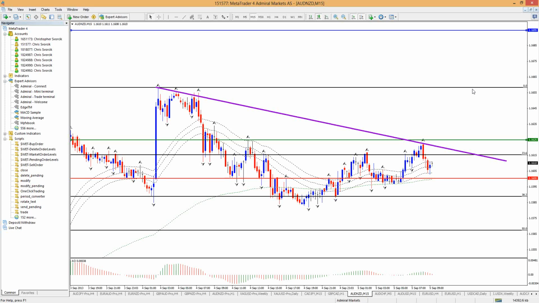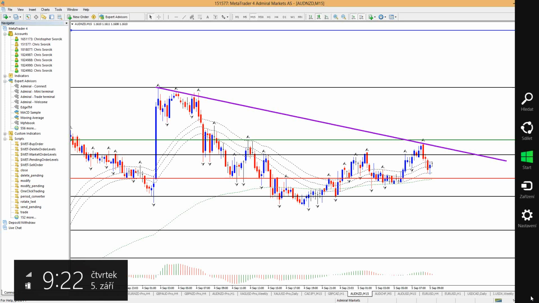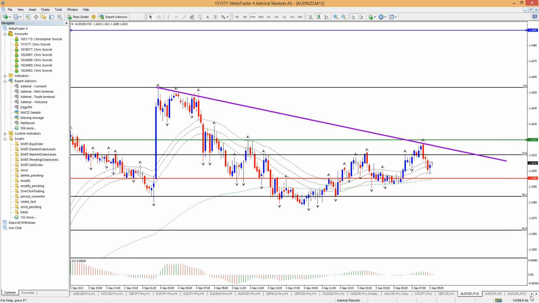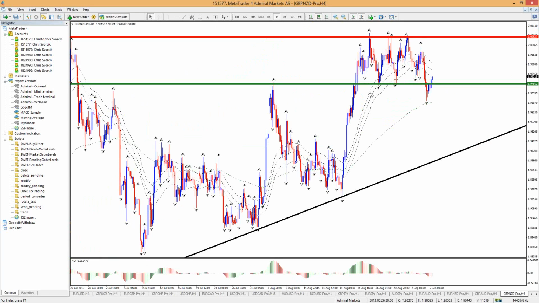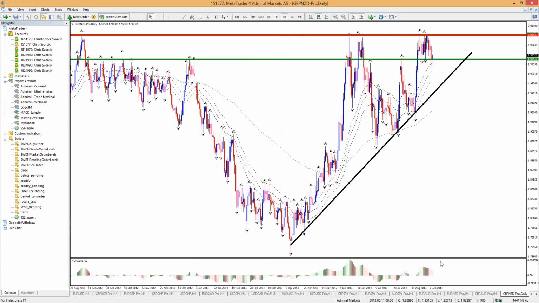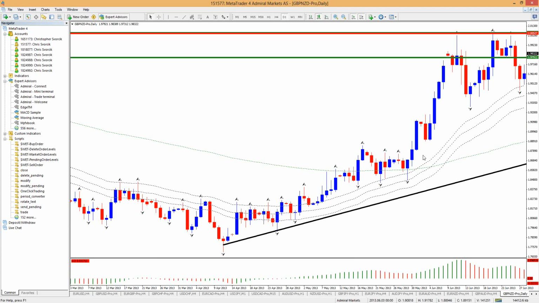So what is it? We can take a quick look now though. Pound New Zealand was in the range. We broke the range, but we're back in the range. And if you look at the daily chart, what do you see underneath that range?